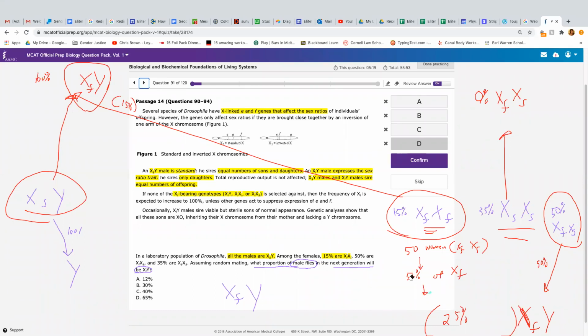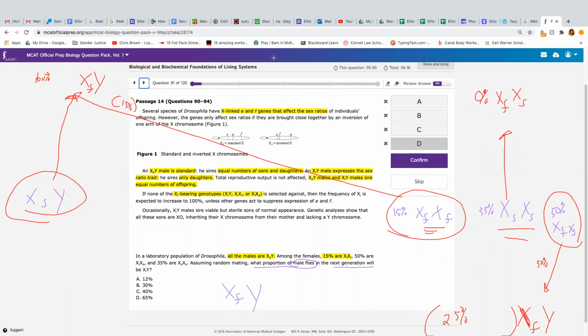Okay? So now that we've done all that, all we have to do is a simple math problem and ask, of the offspring that were created, how many were male? You have to remember what the question asked. It asked us about the offspring that were male.